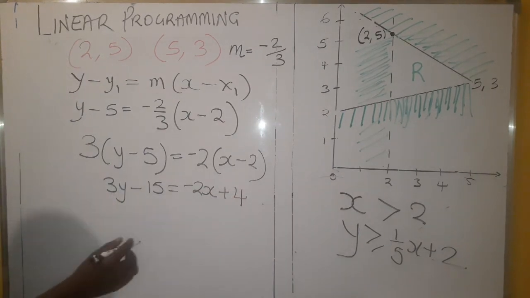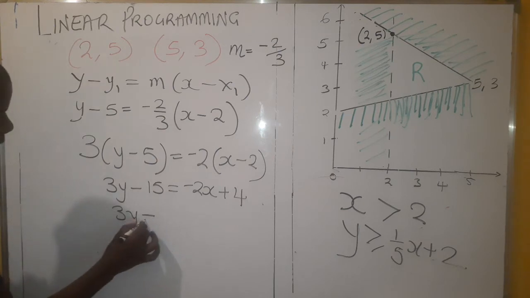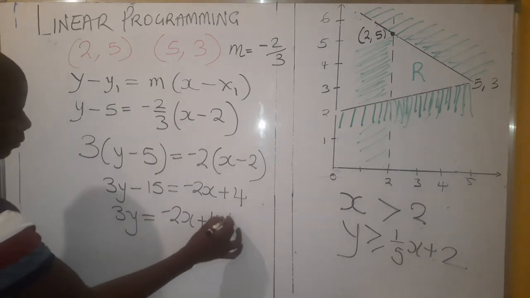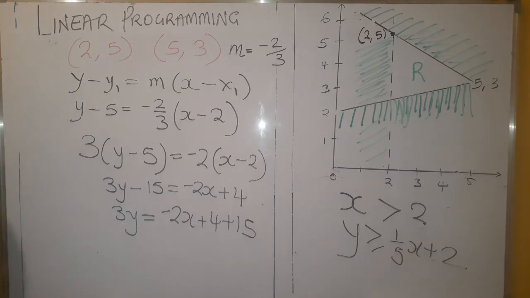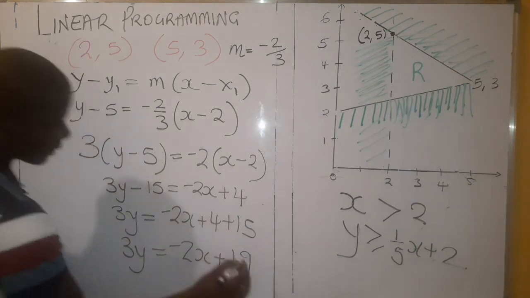Then at this point, 3y is equal to negative 2x plus 4 plus 15. The additive inverse of minus is plus. So we go on and say 3y is equal to minus 2x plus 19.